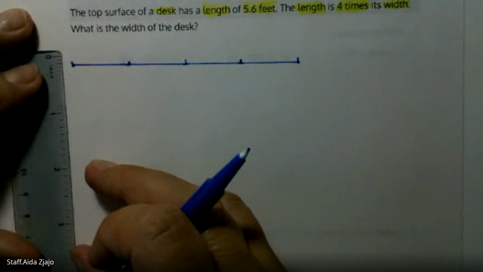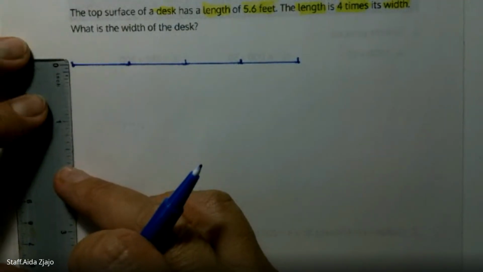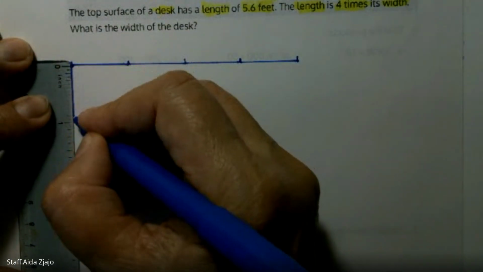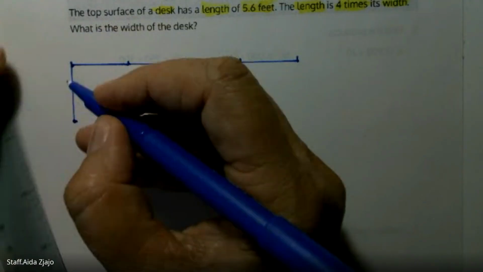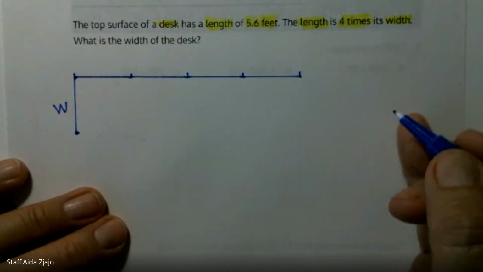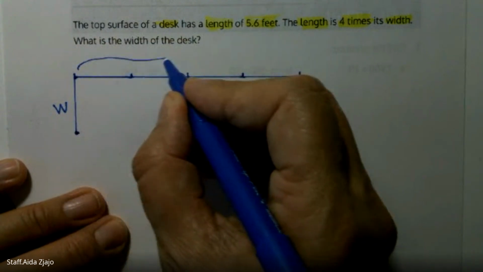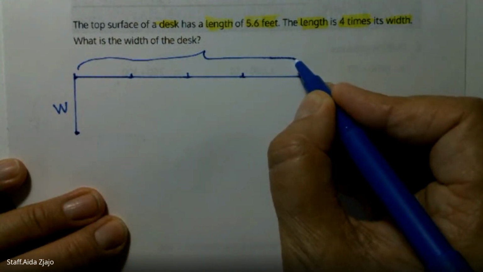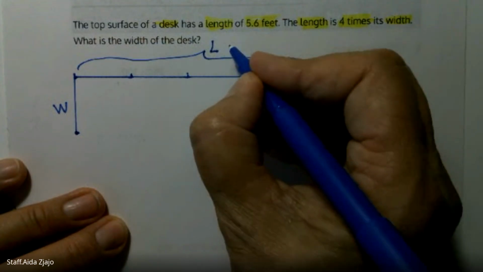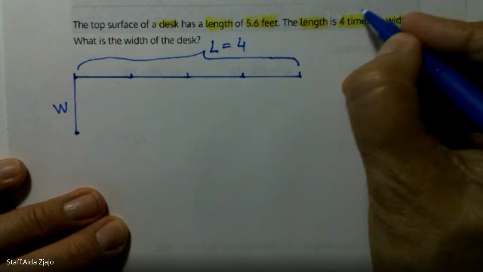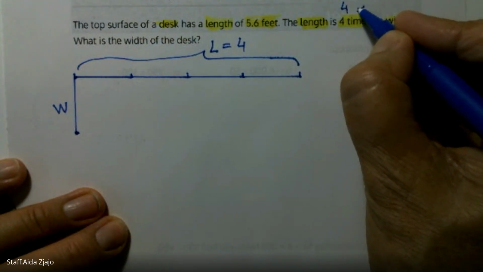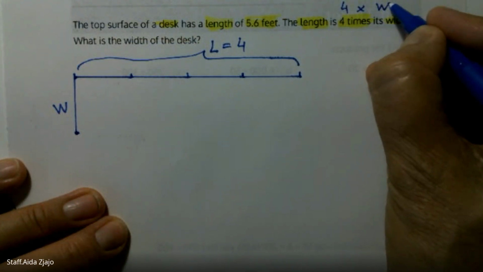So if you look at this, I'm going to say that this is the width of my table, and this is the length of that table, which is 4 times the width.